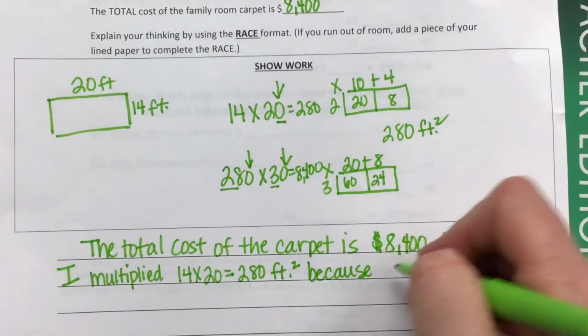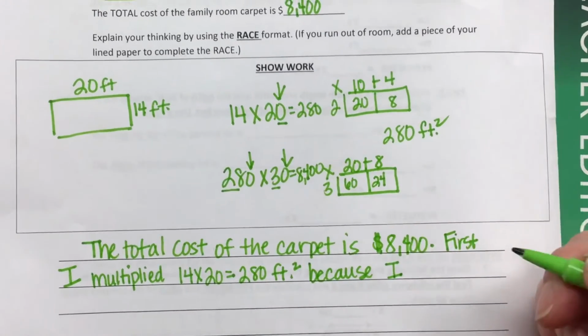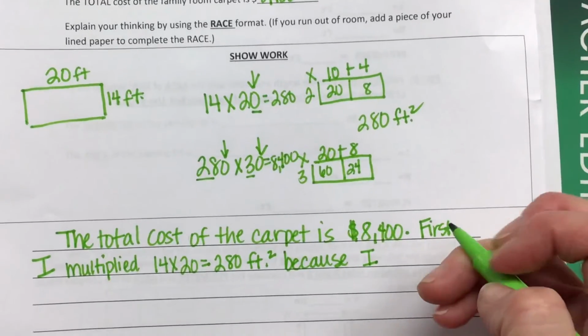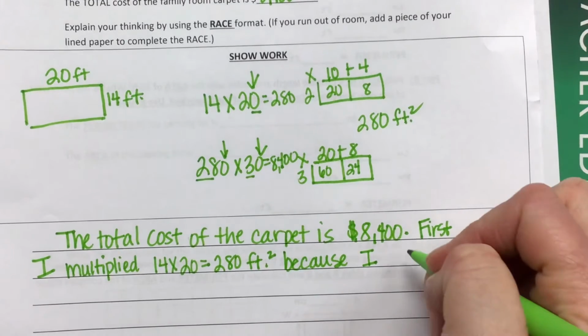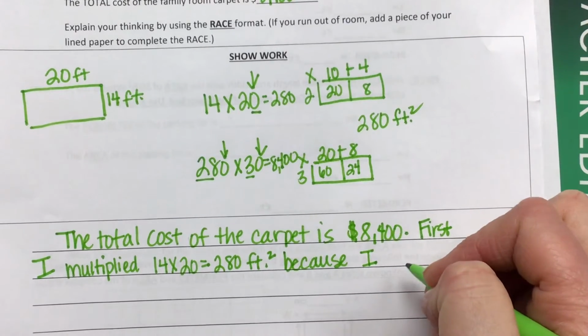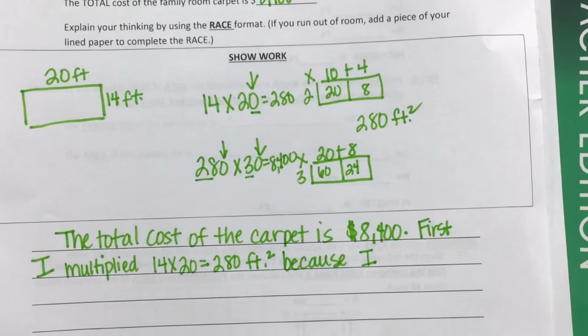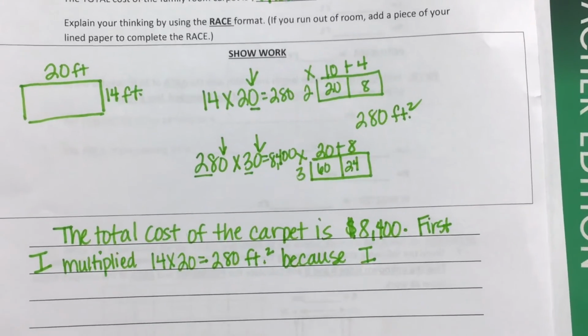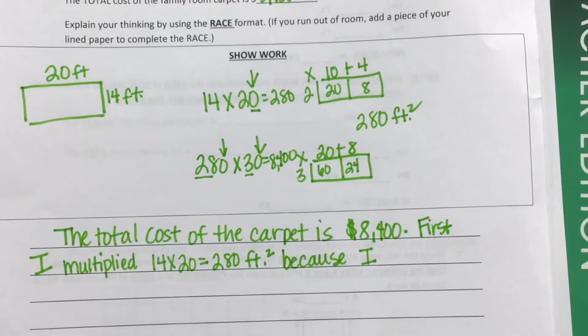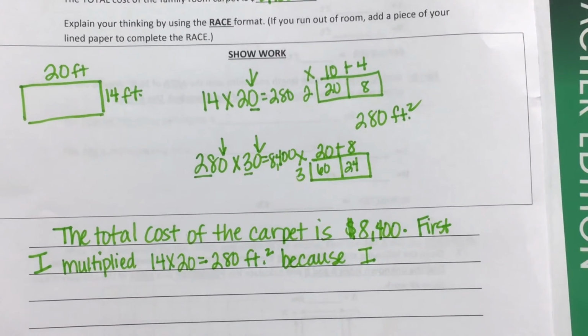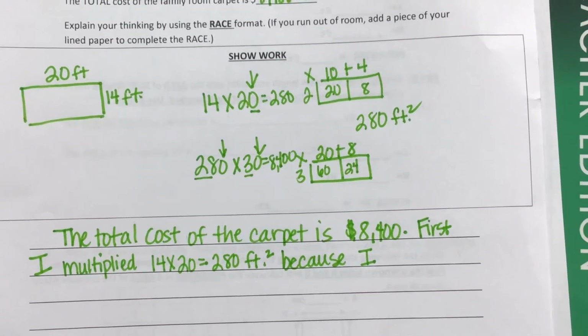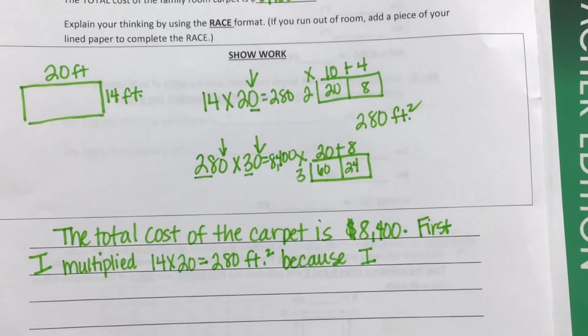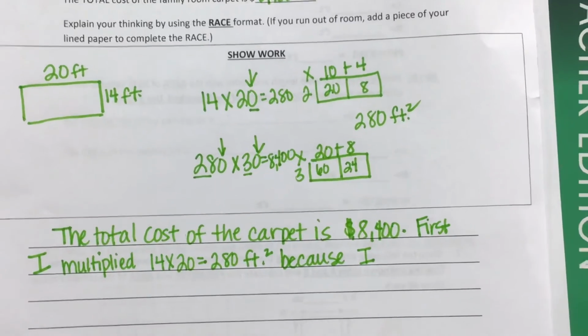Trista? We did 14 times 20 because it's 14 feet long by 20 feet long. Yep, and we needed to find the area.